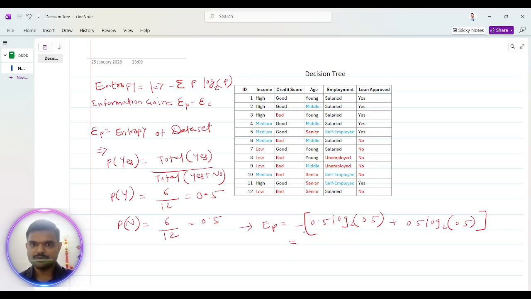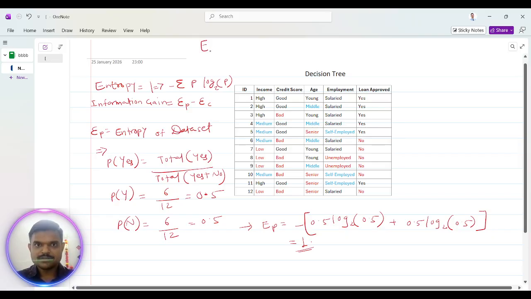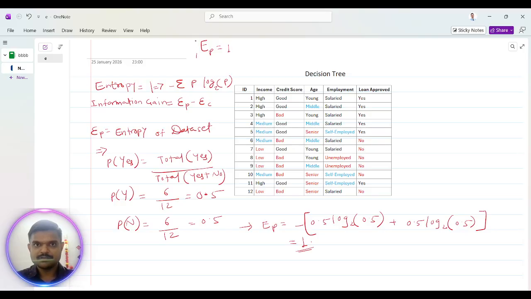So the entropy of the entire data set is 1. Okay. Now I will just write down on the top, entropy of data set is 1. Okay, this is what we have calculated.